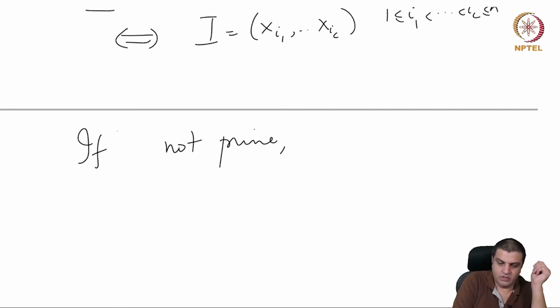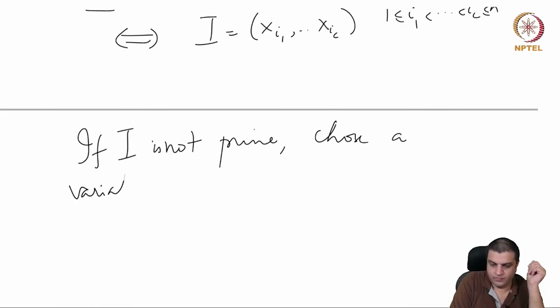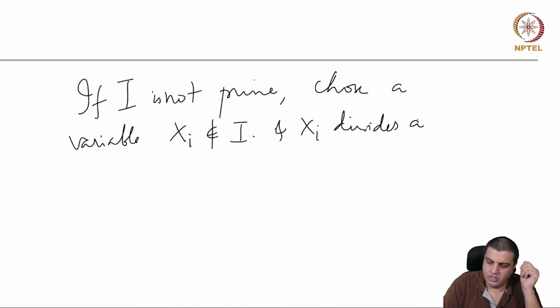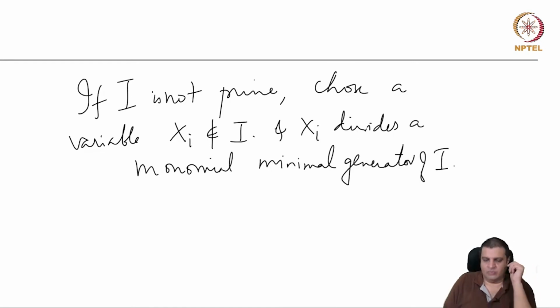If I is not prime, choose a variable xi not inside I, and xi divides a monomial minimal generator of I. Okay, such a thing will exist.